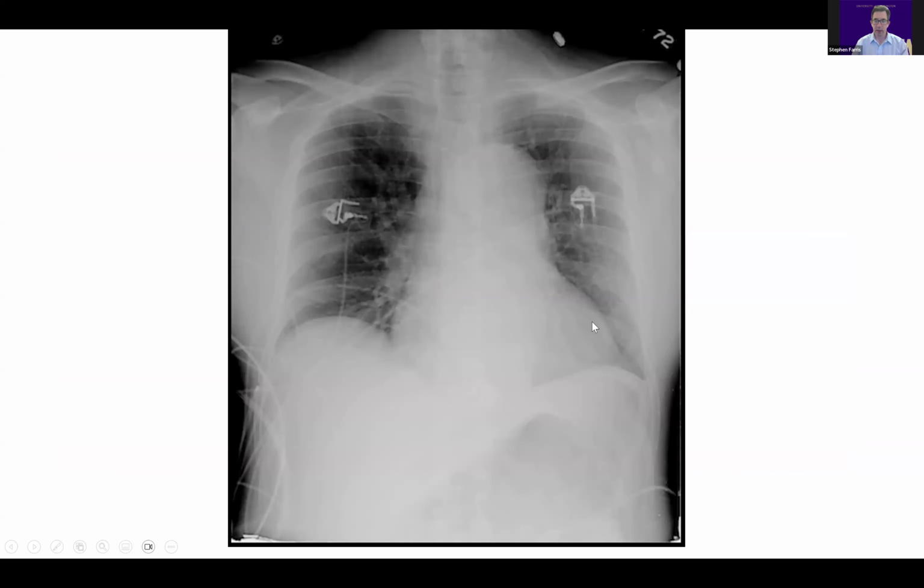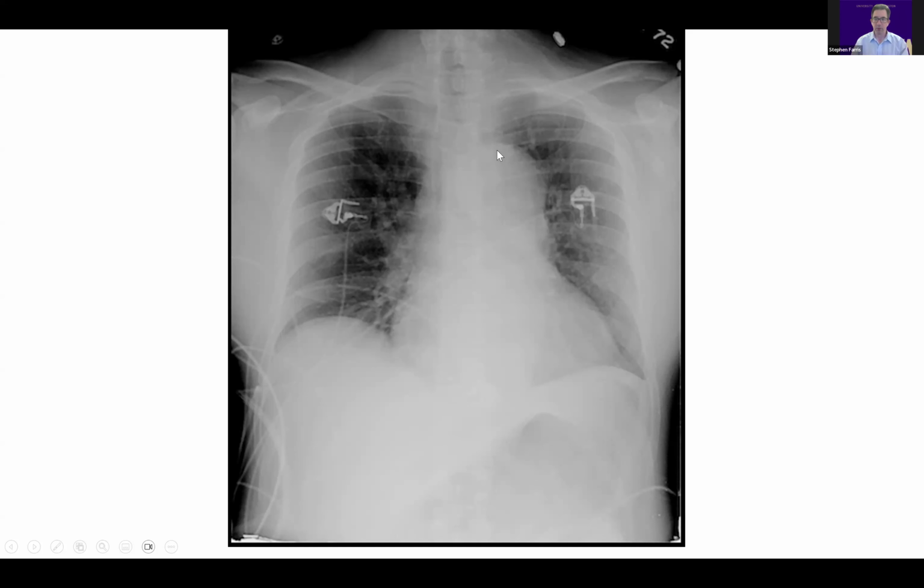We get that chest X-ray. Clearly different than the other one we've reviewed. Poor lung inspiration, right? When you're ill, you're not going to be taking the biggest breaths. There are diffuse bilateral opacities, which are concerning for fluid. You have what looks like cardiomegaly, although this is likely an AP film.